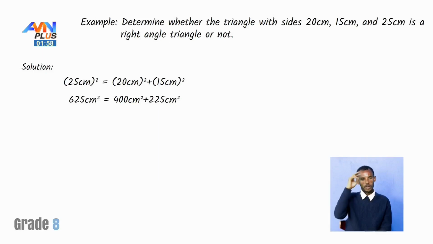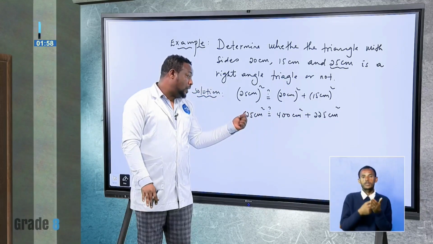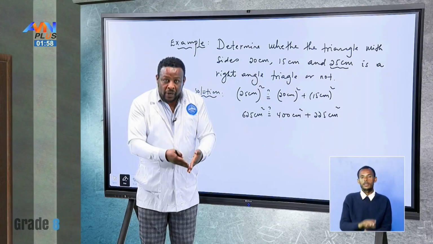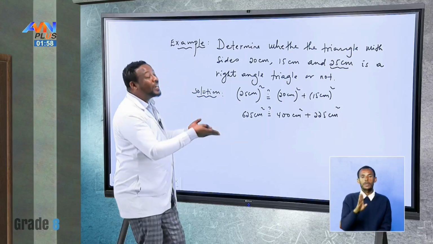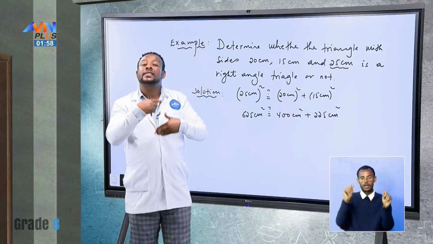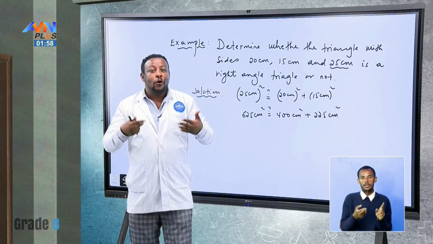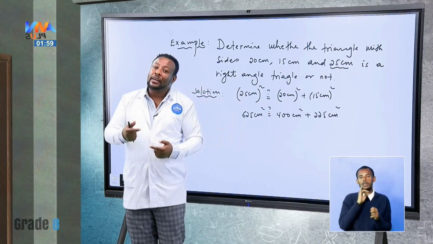Now you can see that the sum of these two is exactly 625 centimeter squared. Therefore, our conclusion is that the given triangle is a right angle triangle. So this way we can check whether the triangle is right angle or not.